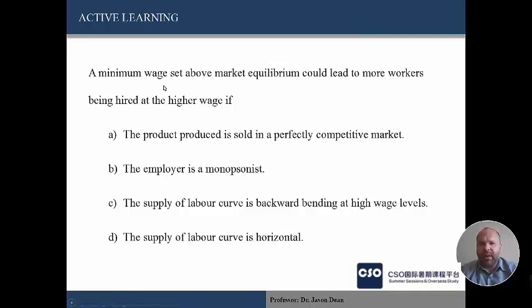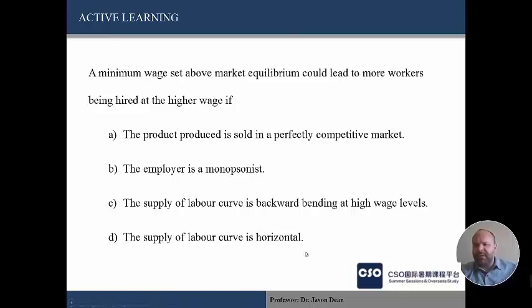A minimum wage set above the market equilibrium could lead to more workers being hired at the higher wage if the product produced is sold in a perfectly competitive market, the employer is a monopsonist, we have a backward bending labor supply curve, or the supply of labor curve is horizontal.